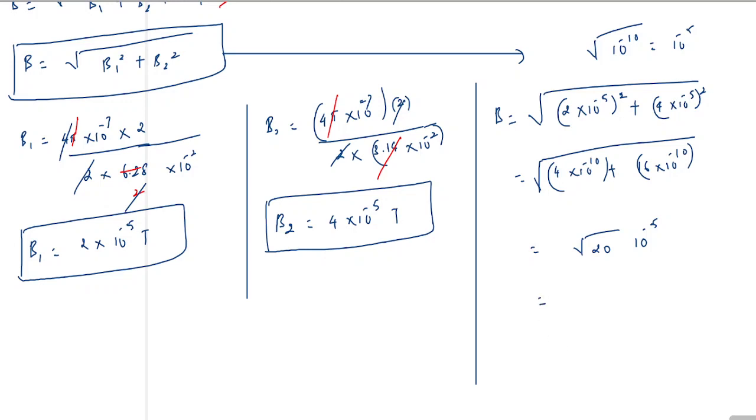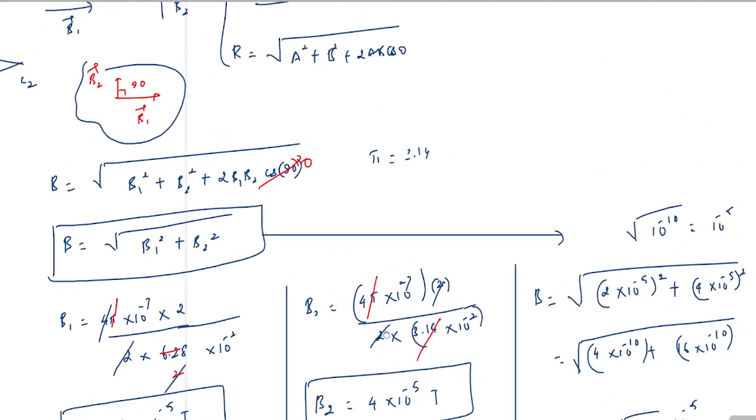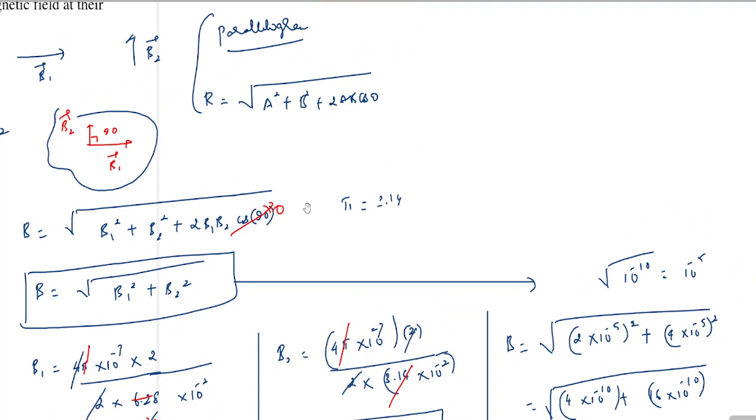Root 20 is around 4.47, because 4 square is 16, and 5 square is 25, so the value is between 4 and 5 only. It becomes 4.47 into 10 power minus 5 Tesla. So this is the required magnetic field. If they ask direction, then you can use again the parallelogram law to find direction also.